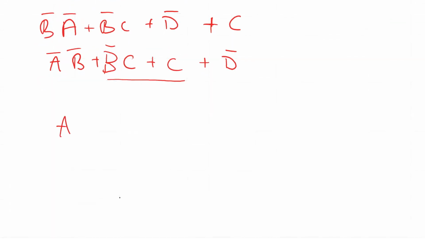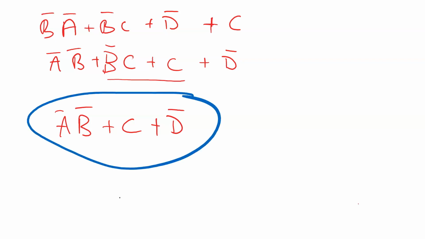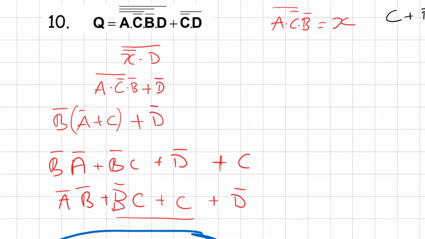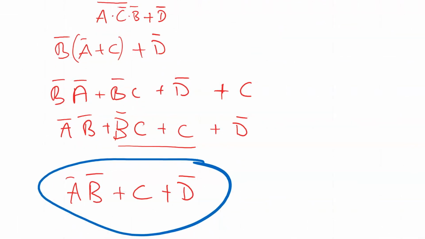So I think we're left with not A, not B or C or not D? Let me just have a little look. Yep, that is the final thing. I can't simplify that any further because none of those terms have got anything overlapping at all. So that is the final answer. From that beast to that in just a few simple steps. If you got that, really well done.